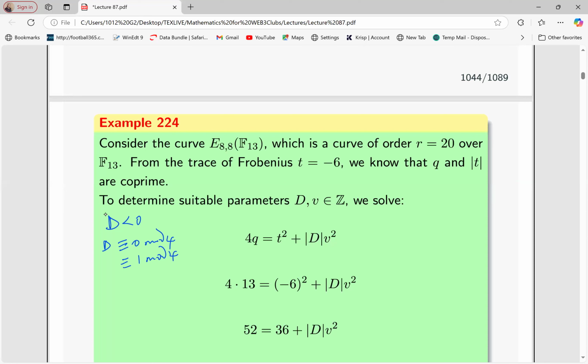And then the other property is that 4 multiplied by q that we chose should be congruent to t squared plus the absolute value of the discriminant multiplied by v squared. It is the absolute value because you can see our discriminant is less than 0, so it's negative.